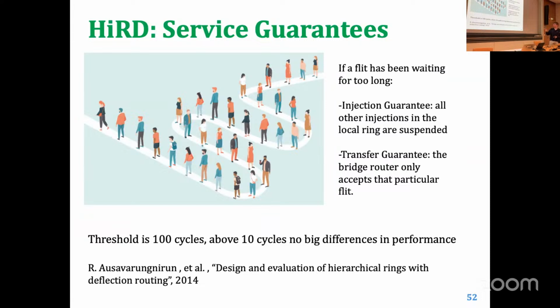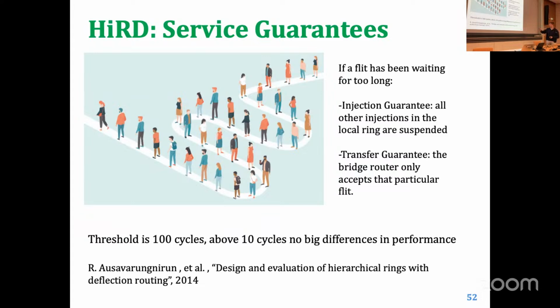And then we have a transfer guarantee, which is for the inter-ring interface, and this is a similar idea because the buffer that we saw before, the buffer between two rings, will have a reserved space for that ring, and it will not accept any other fleets.